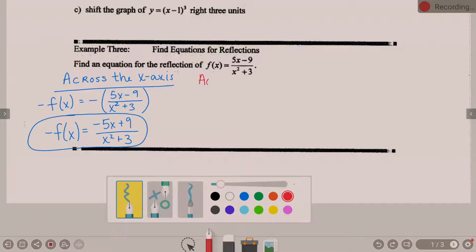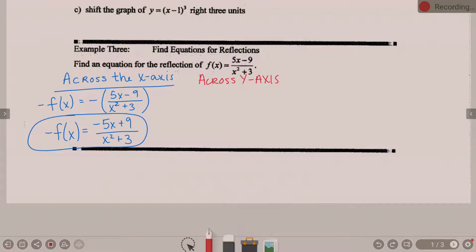And we are getting ready to start then going across the y-axis. What's the rule for going across the y-axis? Yeah, it's f of negative x, right? So we've talked about that. What does f of negative x mean? You're thinking vertical shrink and stretch.